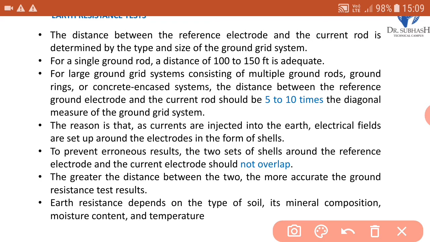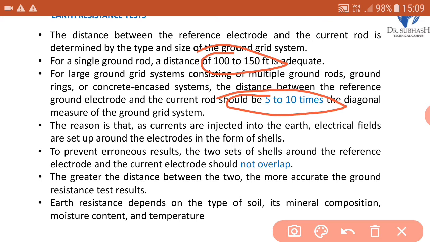For a single ground rod, a distance of 100 to 150 feet is adequate. For large ground grid systems consisting of multiple ground rods, ground rings or concrete encased systems, the distance between the reference ground electrode and the current rod should be 5 to 10 times the diagonal measure of the ground grid system. So this is the standard.